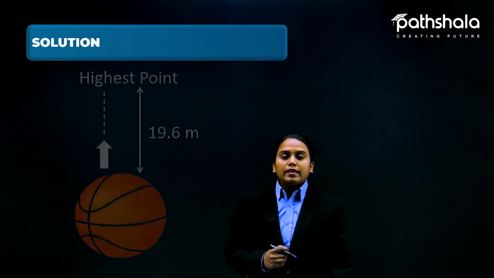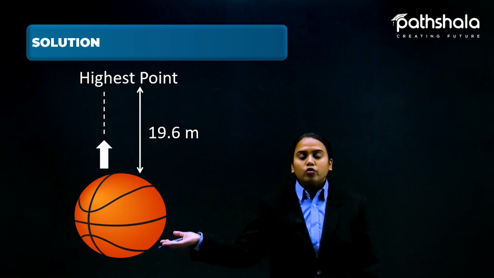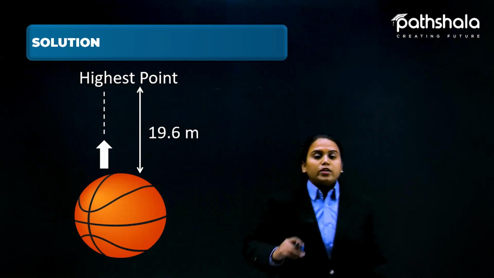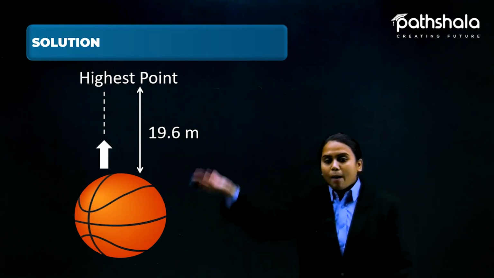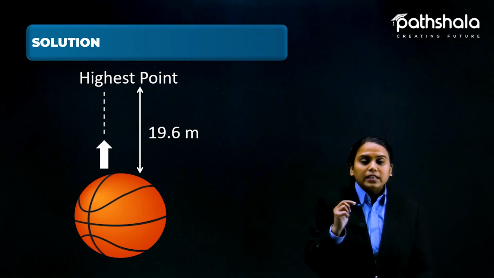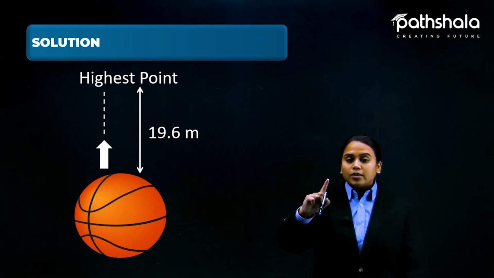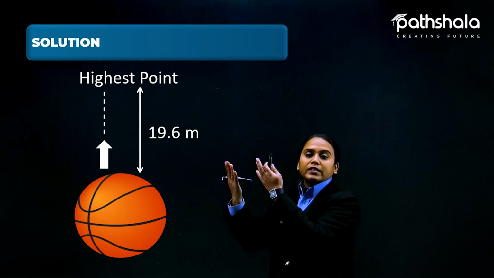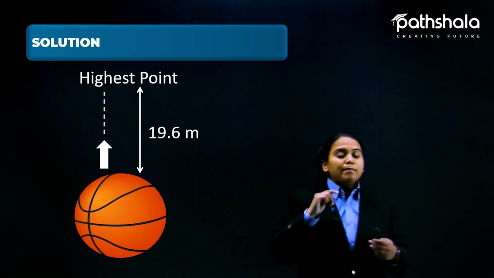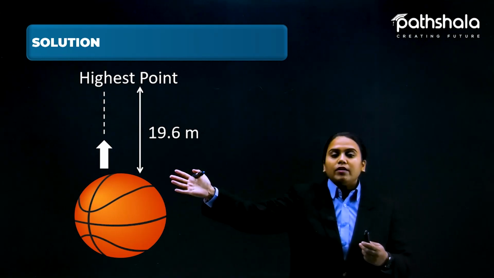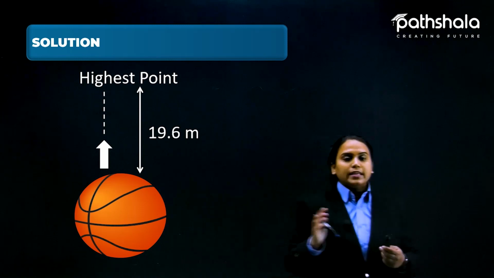So here is the solution part. A ball is thrown upward. If it is thrown upward, then the initial velocity could not be 0, because it has been thrown with a certain value. And the maximum height it has achieved is 19.6 meter.